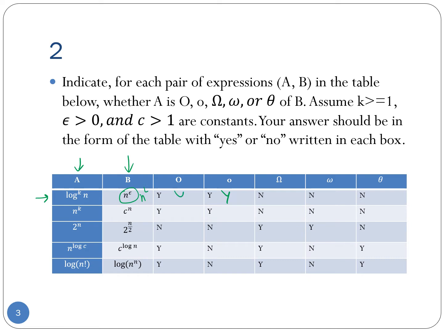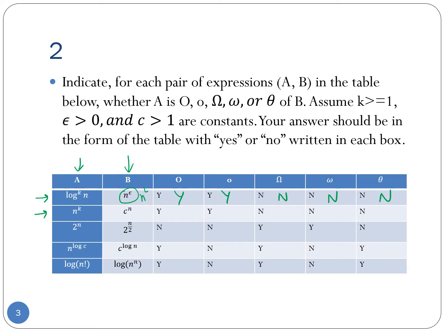As it is little o, it has to be big O. But it cannot be big omega, little omega, or theta, because to be theta the function has to be both big O and big omega. So log to the power k of n is little o of n to the power epsilon.